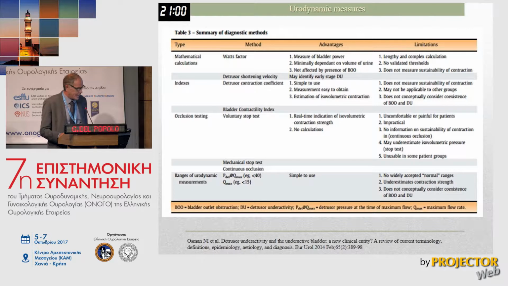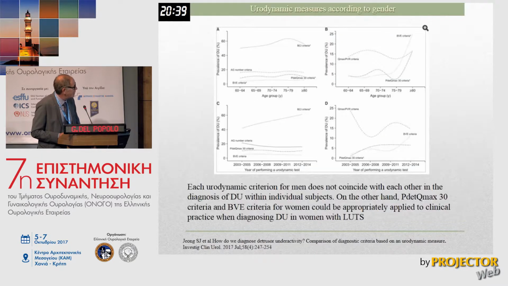if you look at urodynamic measures, also mathematical calculations and index occlusion testing, at the end of the day you have no specific sign, also if we do urodynamic evaluation. And this is a limit of our investigation.